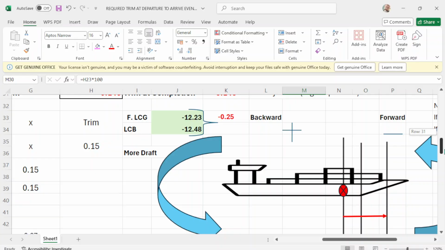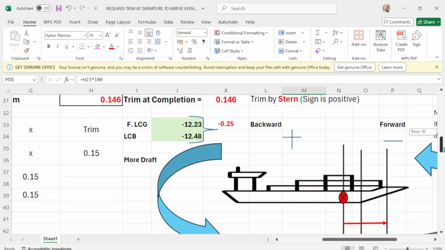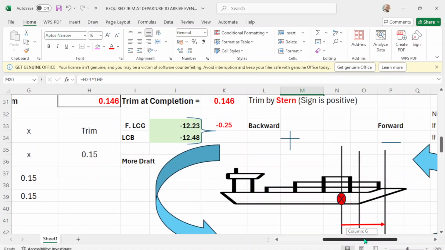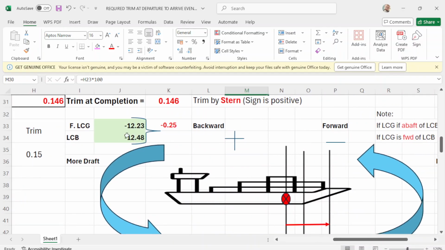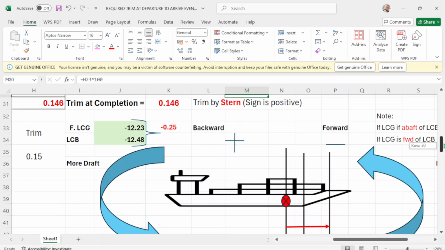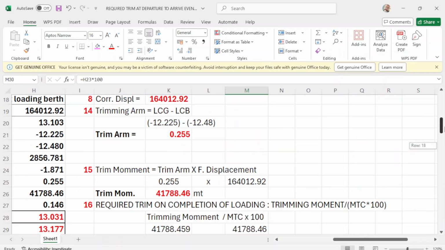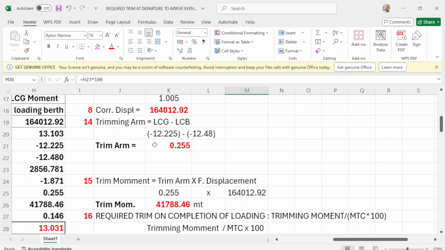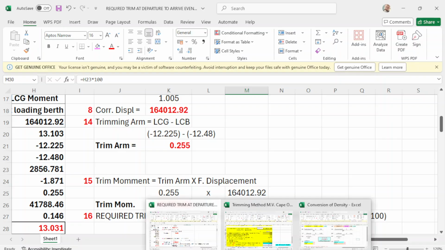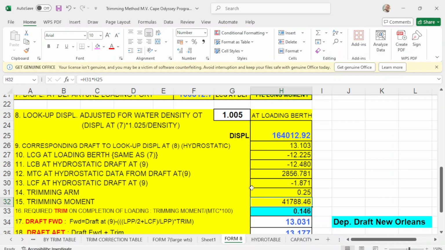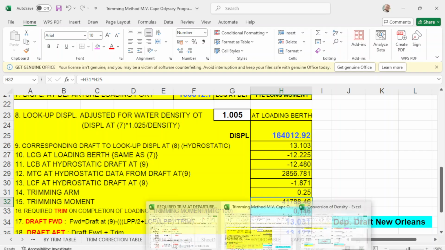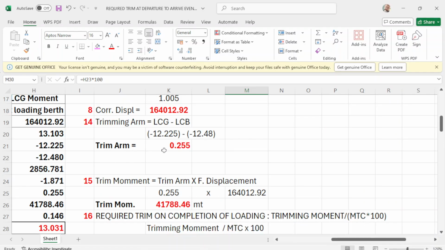Now this is the figures, guys. Okay, what is your final LCG? Your final LCG is negative 12.225, which is this one.